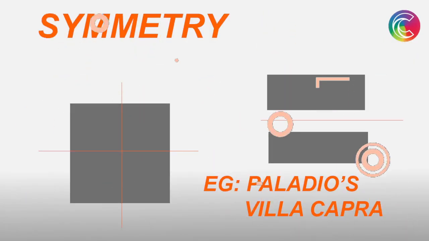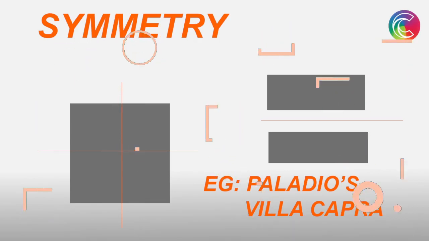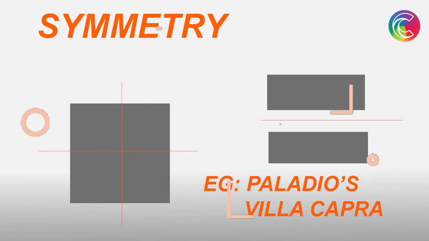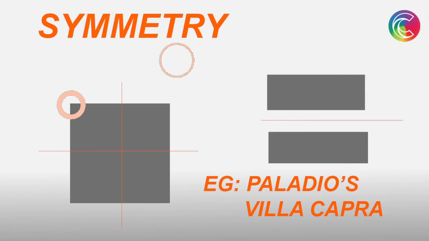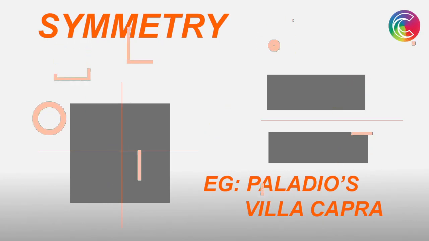Then you have symmetry. In the last video on principles of design you learned about balancing. Symmetry is, it's symmetrical. What can be the best example for symmetry? Your human body, right? If we cut it vertically, it's symmetrical. A square is symmetrical on both sides, and in between the symmetry there is an axis used. Can you see?